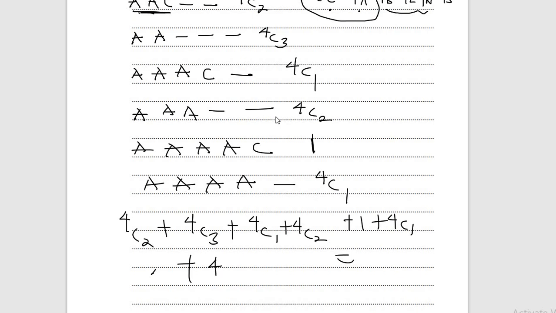What's 4 combination 2? That's 6. 4 combination 1 should be 4. So 6 plus 1, plus 4 combination 1 which is 4. The total is 10, 10. The answer is 25 ways.